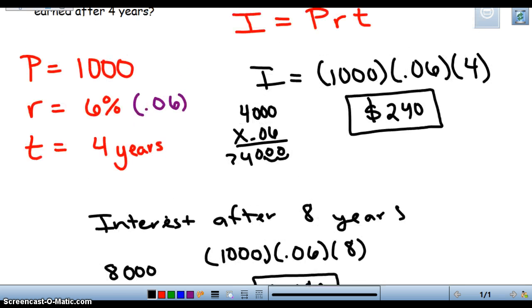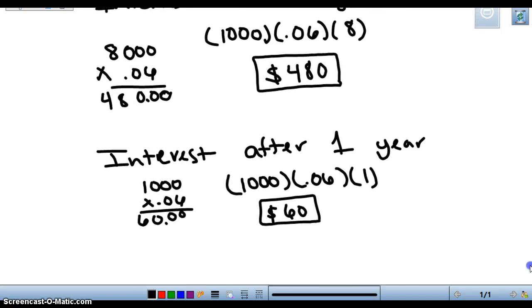In simple annual interest, it means that the interest you make on the money is not gaining any interest. So if we wanted to know how much interest after 2 years, could we already tell? 120.